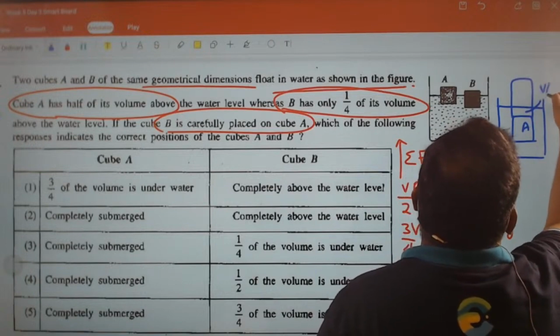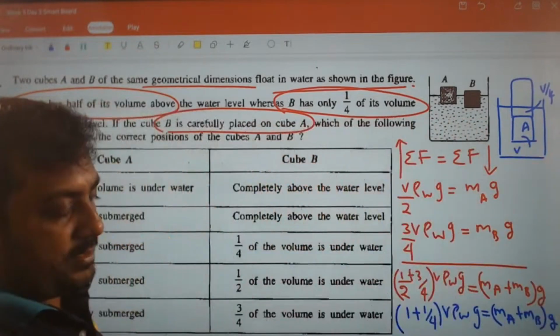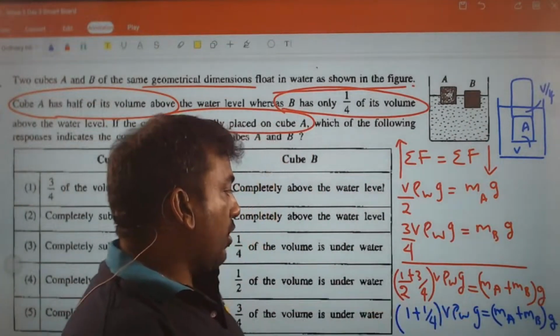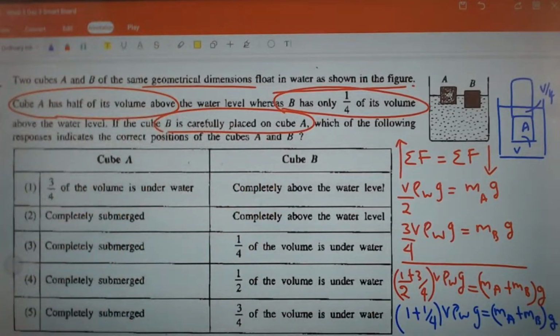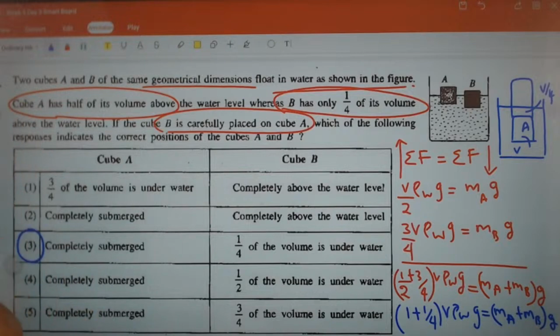Quarter volume of B is underneath, and the full volume of A is underneath. So 1 means A is completely under, and a quarter of B is also under. So A is completely submerged. Correct answer is answer number 3.